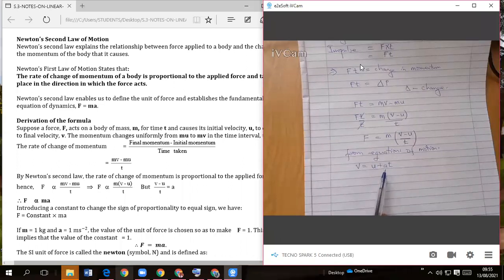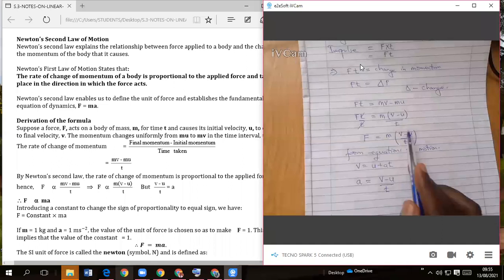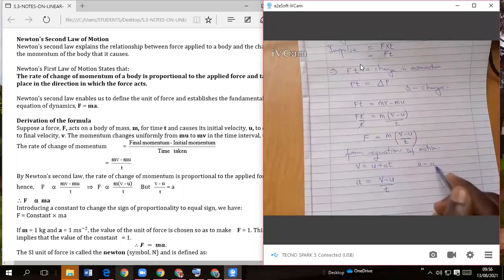If I make a the subject, we shall have a equals (V minus U) over t. So this is acceleration. A is our acceleration.